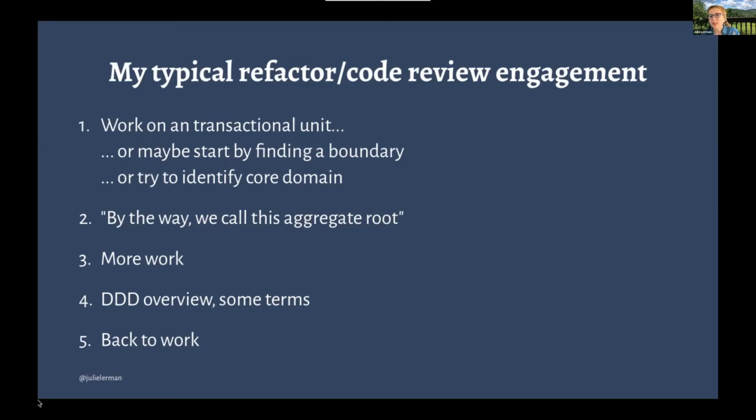And then once they understand that idea, for example, the transactional unit, if we are able to really define things, rules, objects, and behaviors that really belong together, right?